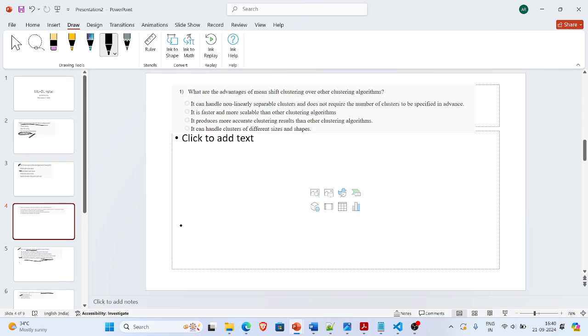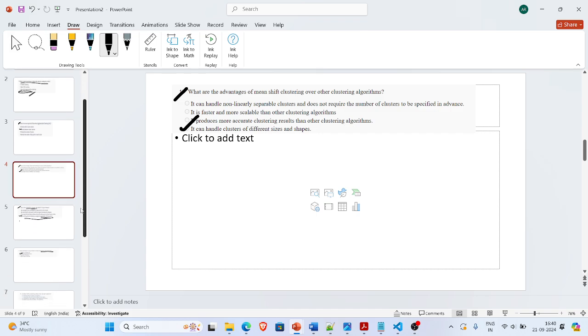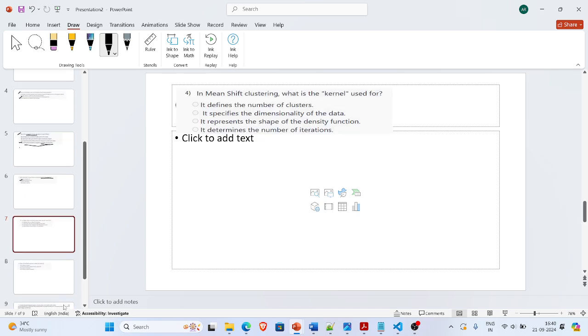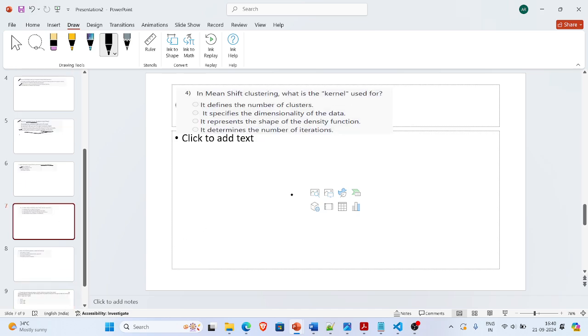Mean shift clustering, as you could see, handles clusters of different sizes and shapes, as I've explained. Next, this kernel is the shape of the density function here.